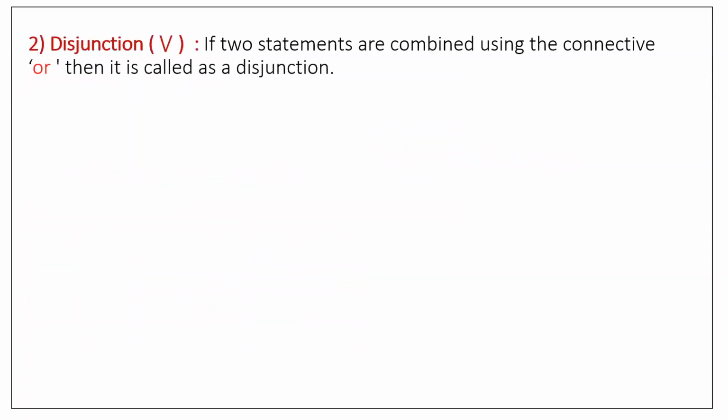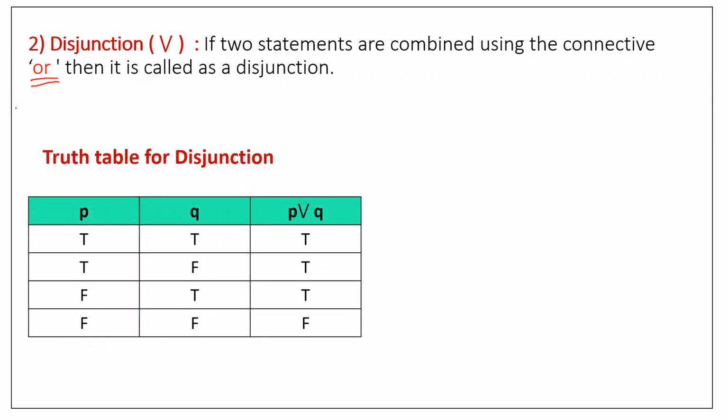Next is disjunction. If two statements are combined using the connective OR, then it is called disjunction. And this is the notation for disjunction. Now the truth table.